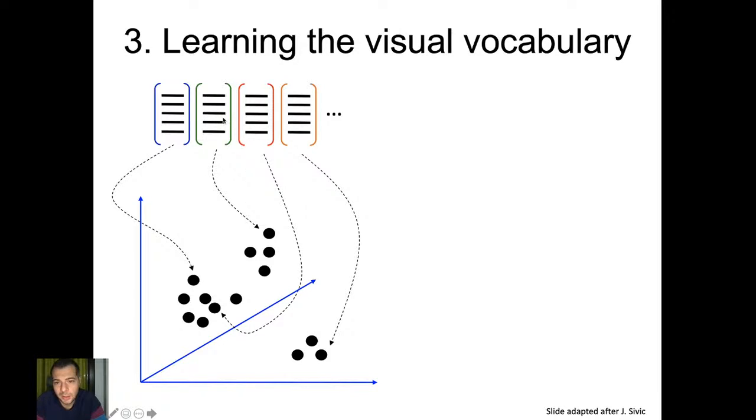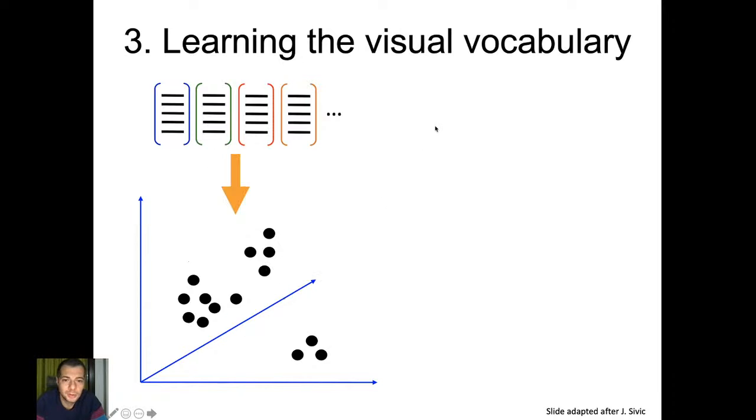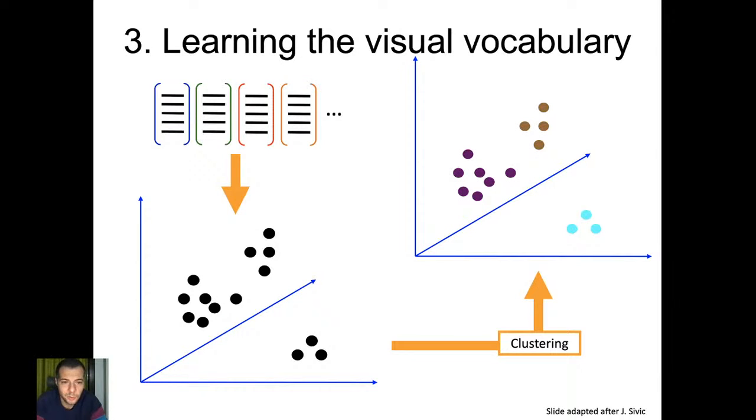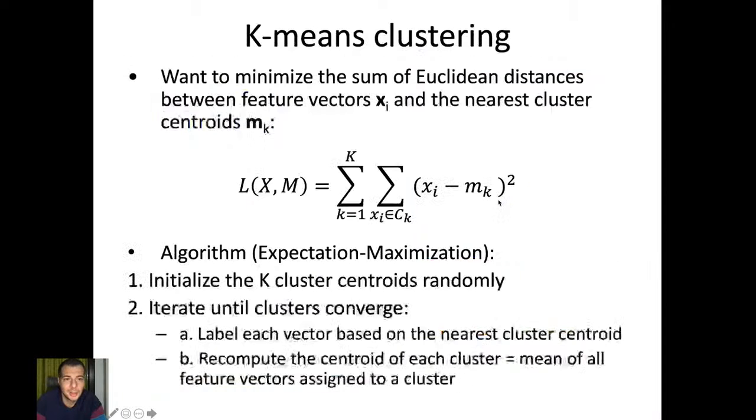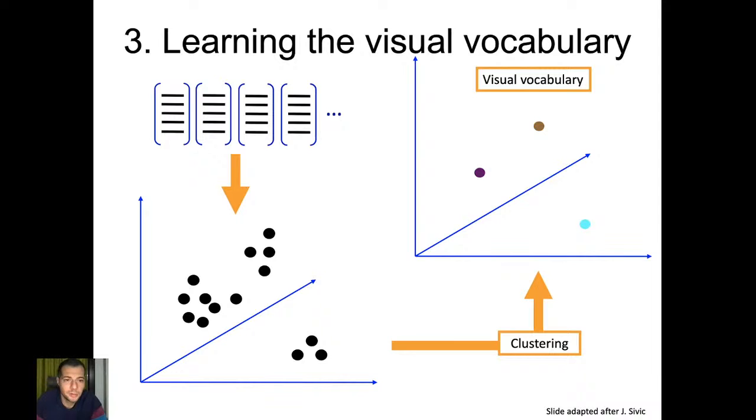The assumption is that the vectors that represent similar object parts should reside in the same location in this embedding space. So if you apply clustering, you'll obtain clusters that contain representative visual words. The visual vocabulary in the end is based on the centroids of these clusters.